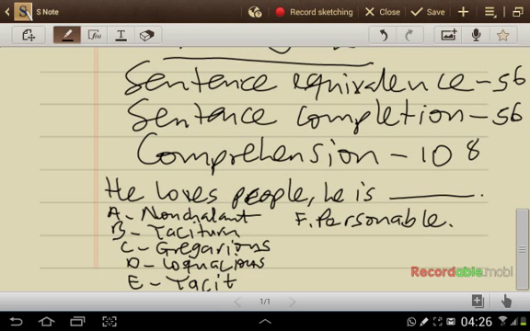We have nonchalant, taciturn, gregarious, loquacious, tacit, and personable. In most cases you choose 2 words, and those 2 words are usually synonyms that will fit and make the sentence complete. So he loves people. If you love people, then obviously you are gregarious or personable. So those are the 2 words that will fit and make the sentences equivalent. That's how a sentence equivalence looks like.